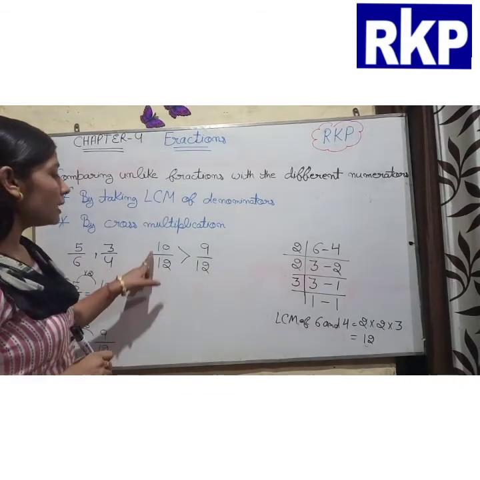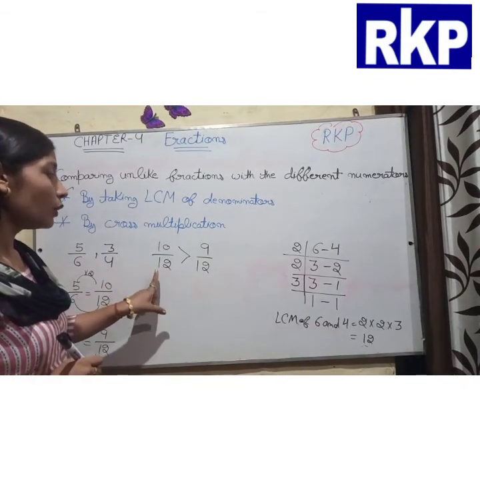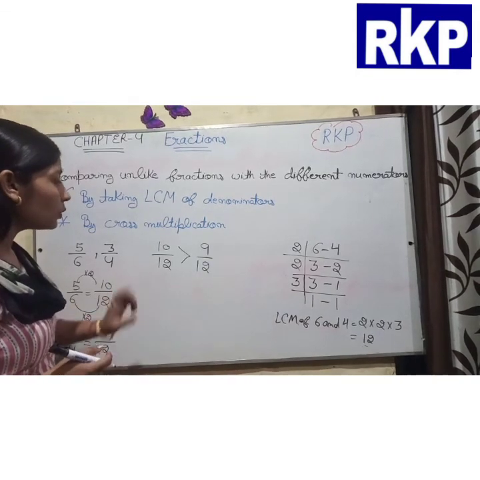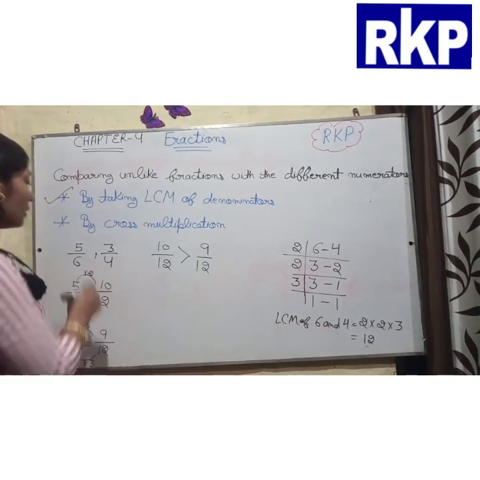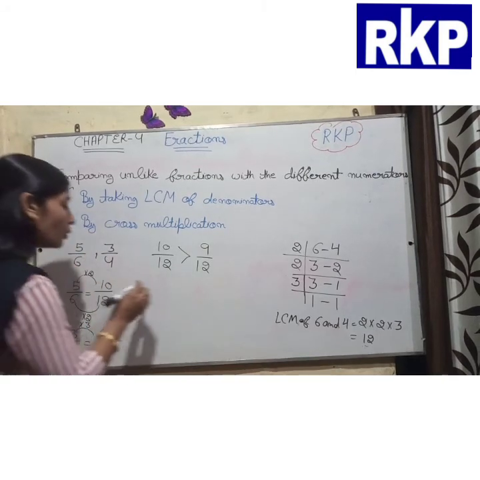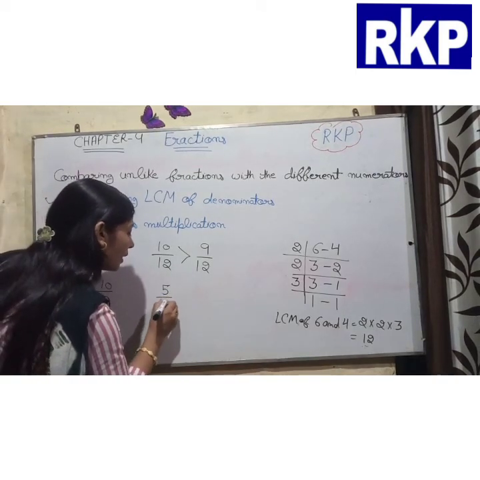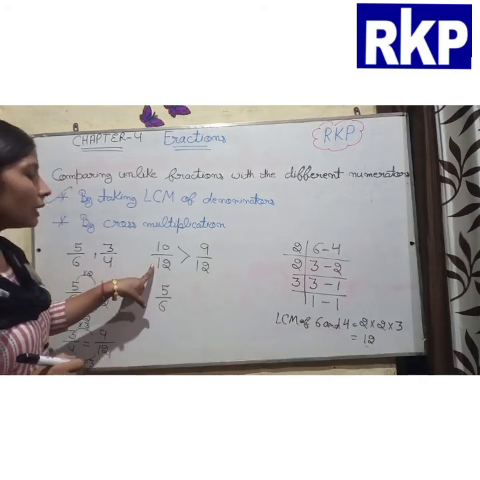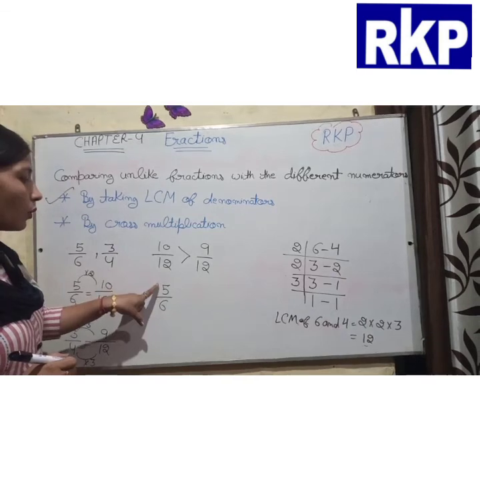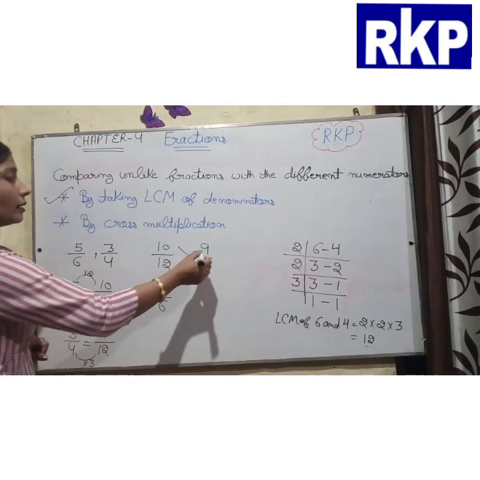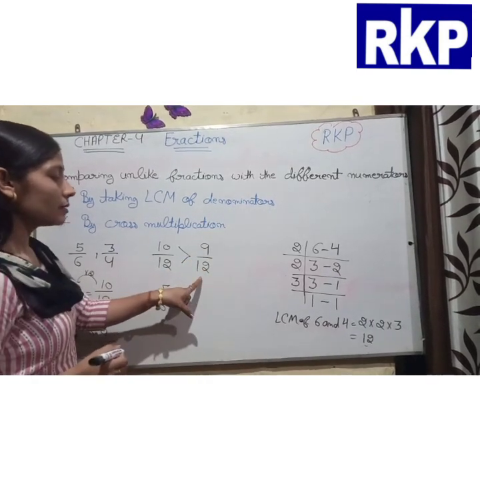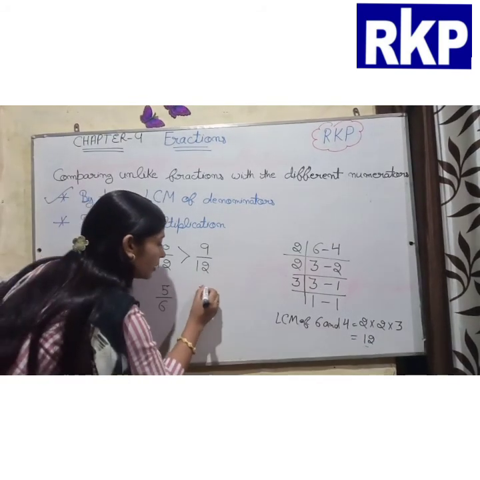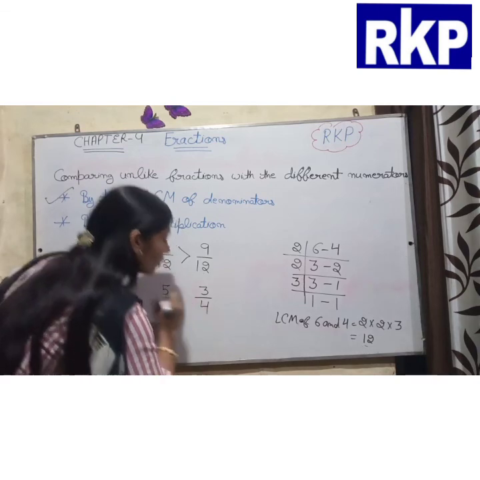But these fractions are not given in our question, so we need to compare the original fractions. So write here 5 by 6, because we know 10 by 12 is an equivalent fraction of 5 by 6, and 9 by 12 is an equivalent fraction of 3 by 4, so write here 3 by 4.